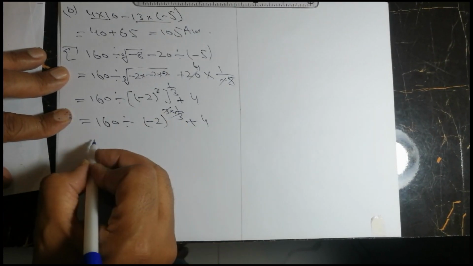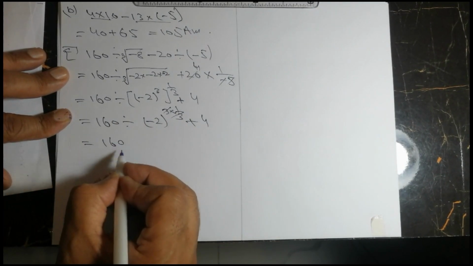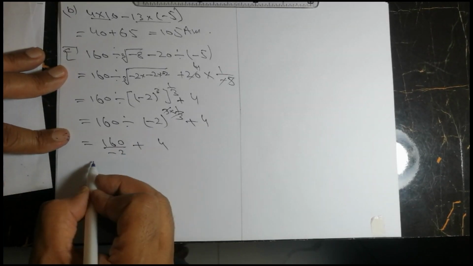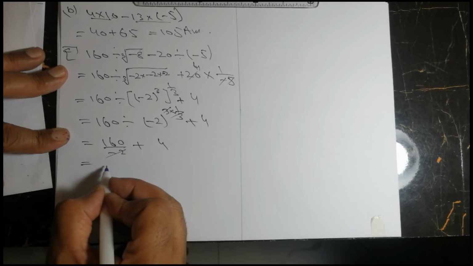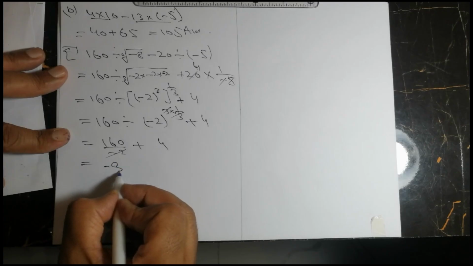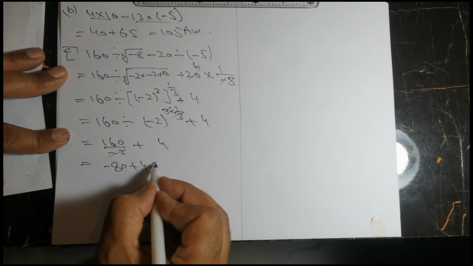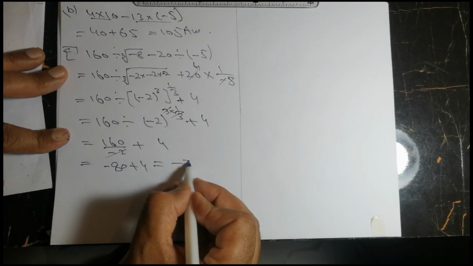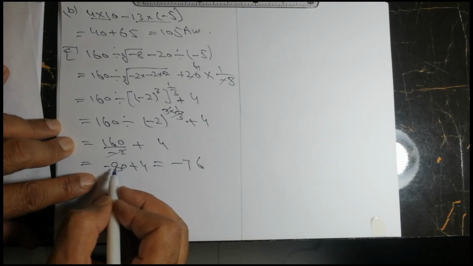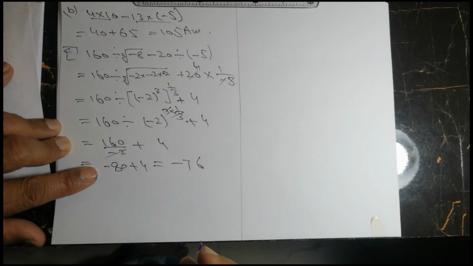So 3 cancels with this one. So this is 160 divided by minus 2, plus 4. So this will be minus 80 plus 4 equal to minus 76. Plus minus opposite sign, we will subtract and take the sign of the bigger number.